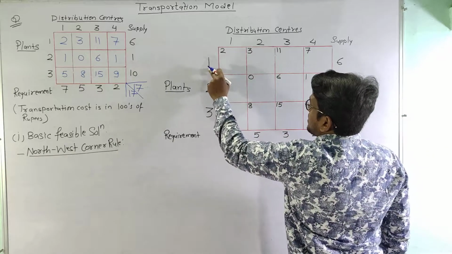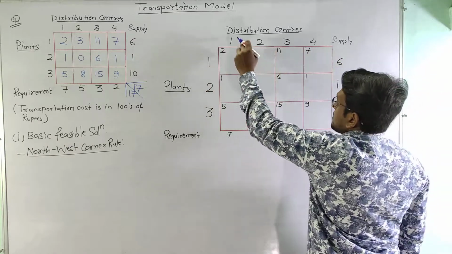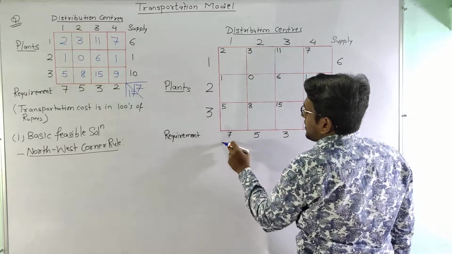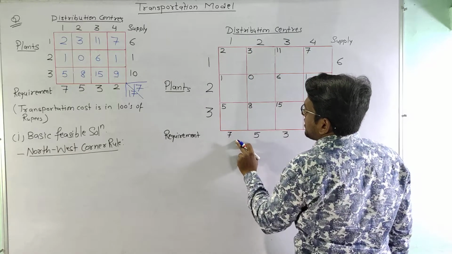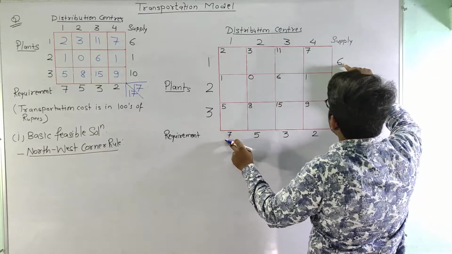We can see that plant 1 has a supply of 6 and distribution center 1 has a requirement of 7. Among these two we select the minimum value.